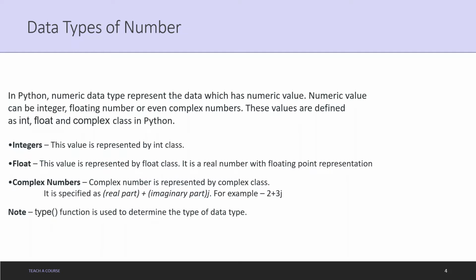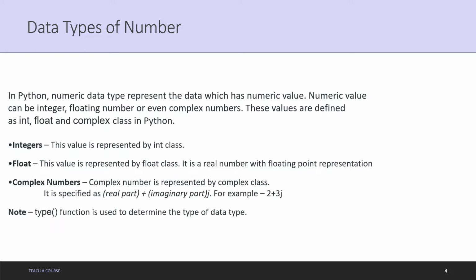So I already mentioned that the data types are classes and variables are instances of that class. In that case, numeric data types are defined as int, float, and complex class. Integers are represented by int class. So it contains positive or negative whole numbers without fraction or decimal.